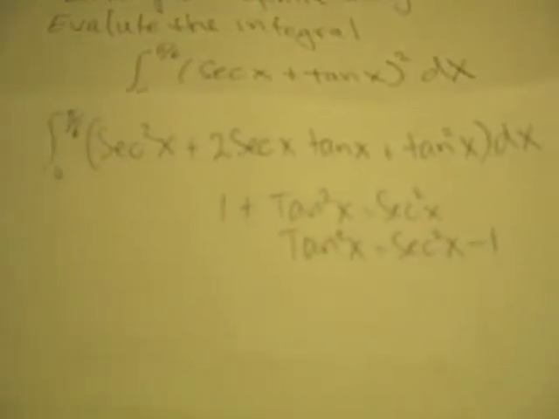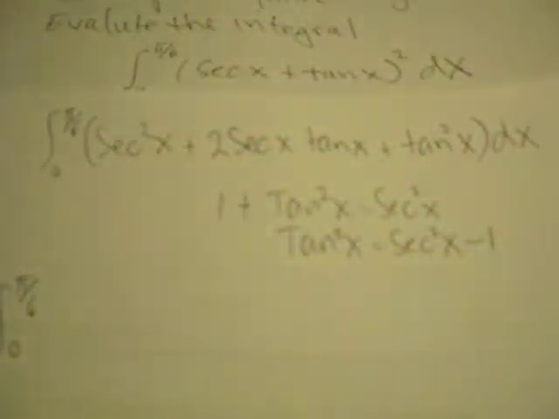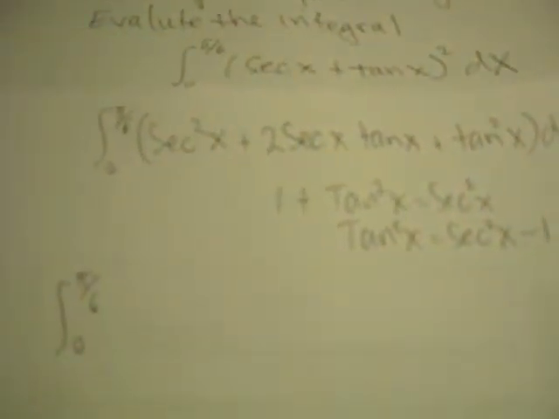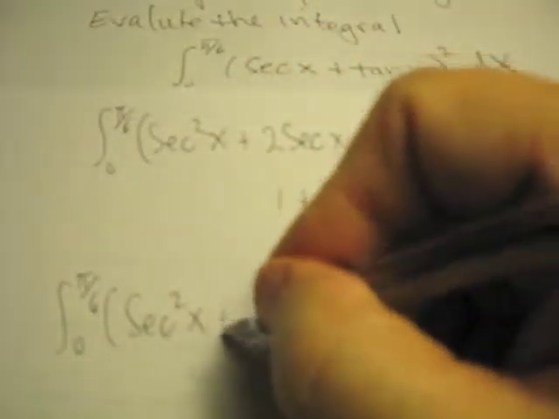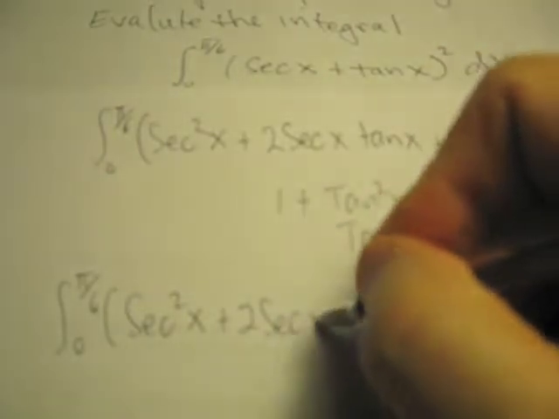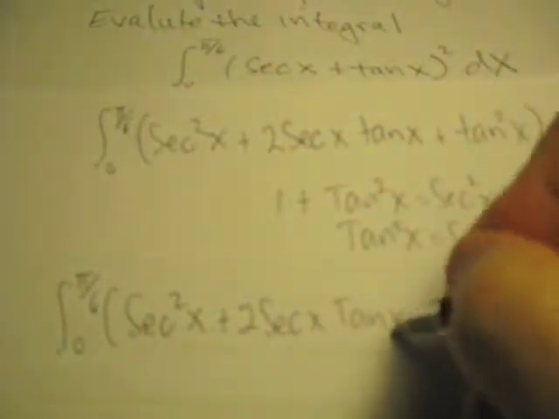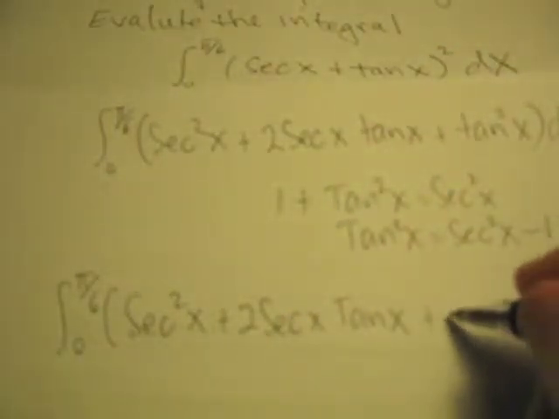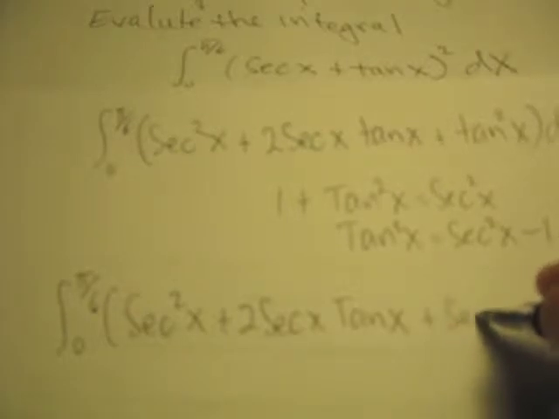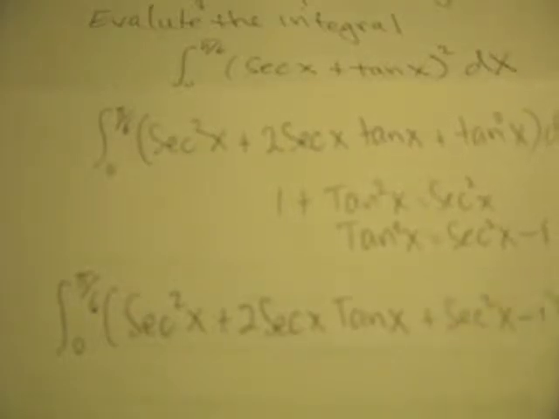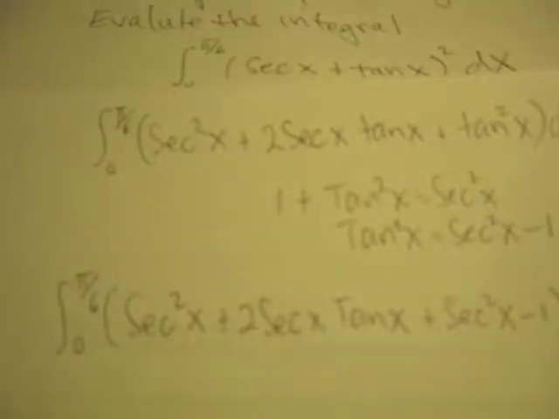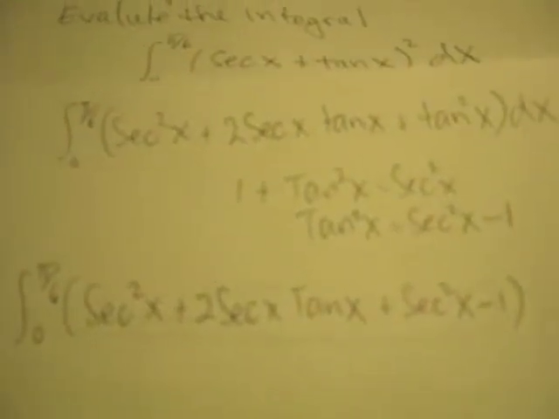Using that, our integral becomes the integral from 0 to pi on 6 of sec squared x plus 2 sec x tan x plus sec squared x subtract 1, with respect to x, so we put our dx there.